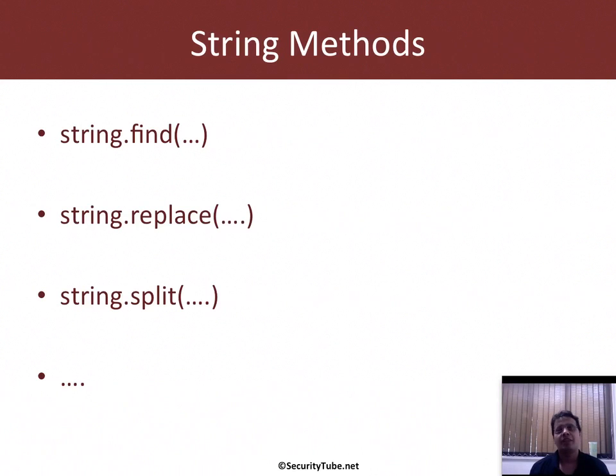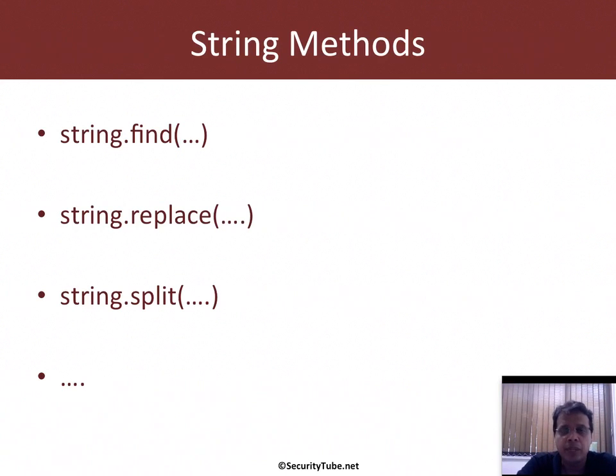Some of the more interesting string methods basically include find, replace, split, and a bunch of others. Now, I'm touching upon some of the more common ones which we would use. In later modules, when we take up anything specific which I have not really covered here, I would explain how it works. Now, I can tell you in any new language, there are probably hundreds, if not thousands, of methods, functions, and whatnot which the language provides to you.